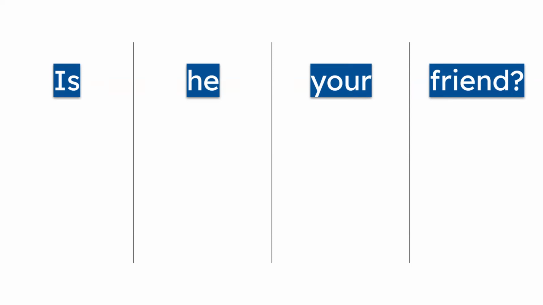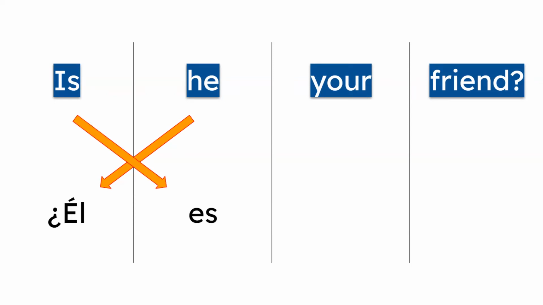Well, let's find out. Actually, we start with the pronoun él, followed by the verb. Él es, and then the rest. Tu amigo. Él es tu amigo. That's right.